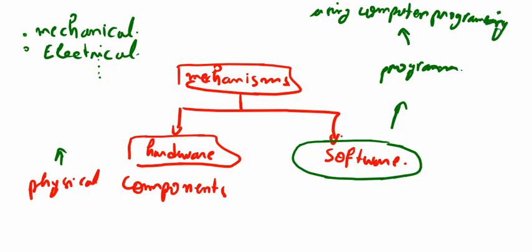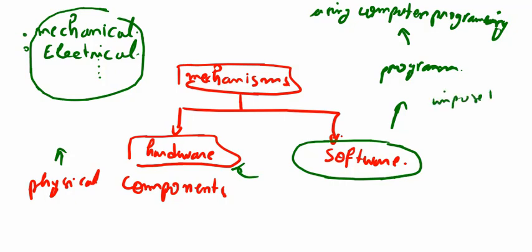We should learn some computer programming languages like Python or other languages in order to be able to control these components. Controlling these components means that we impose some inputs, some constraints, and through this software we will control and run this mechanism.